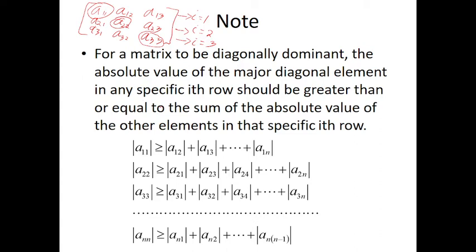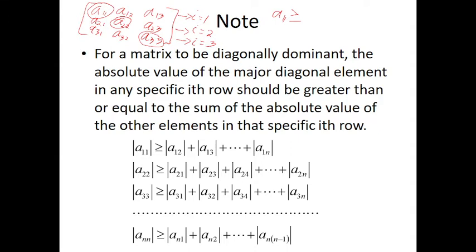We have A11. For A11 to be diagonally dominant, it must satisfy this condition: it should be greater than or equal to the sum of the absolute values of the other elements in that specified row, the row where A11 is located.